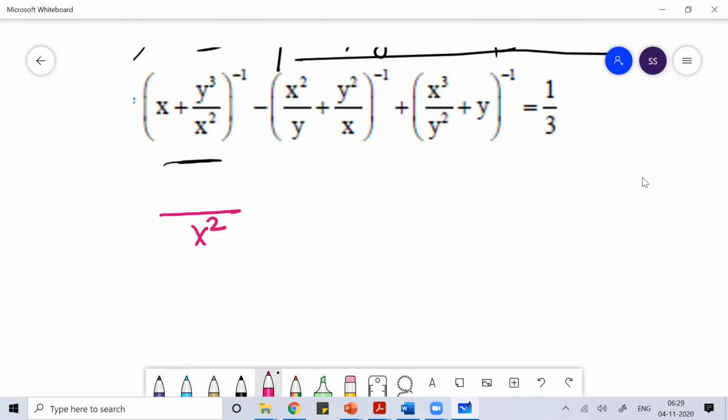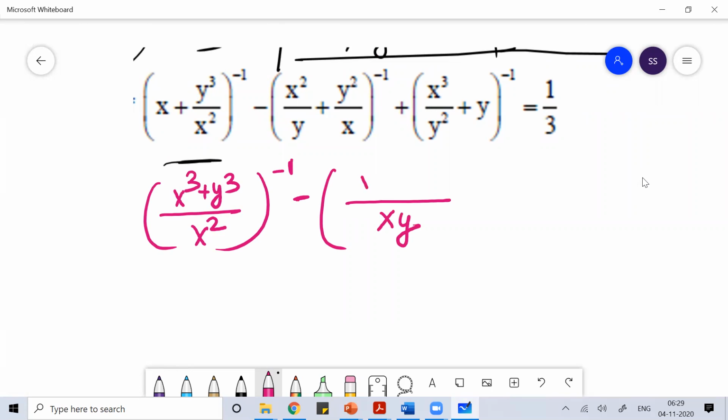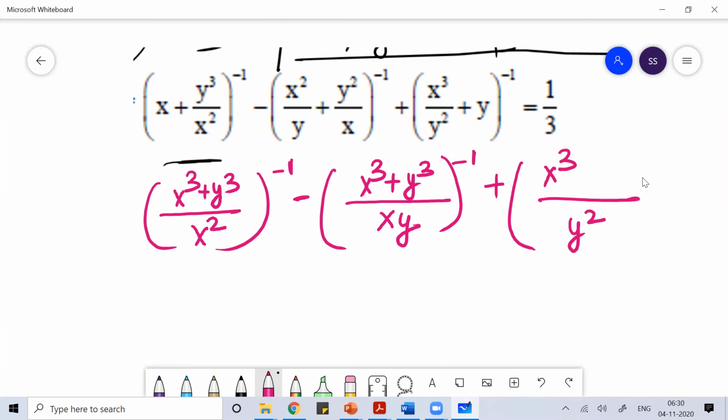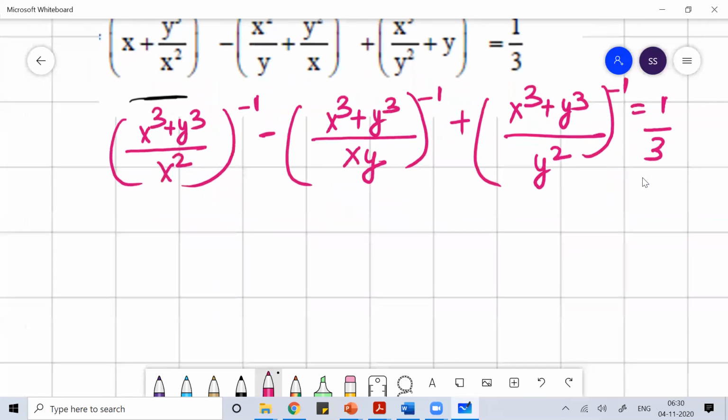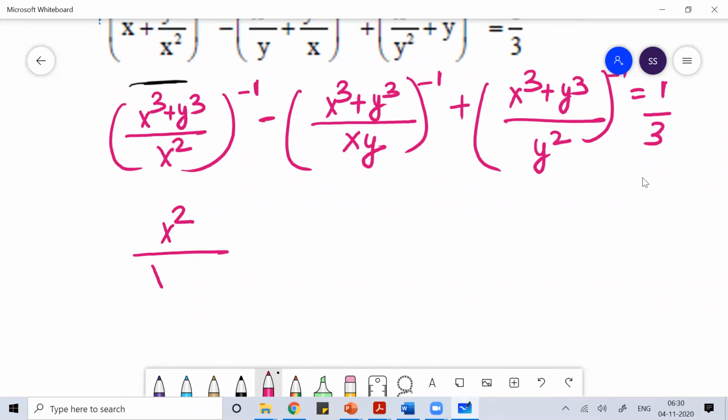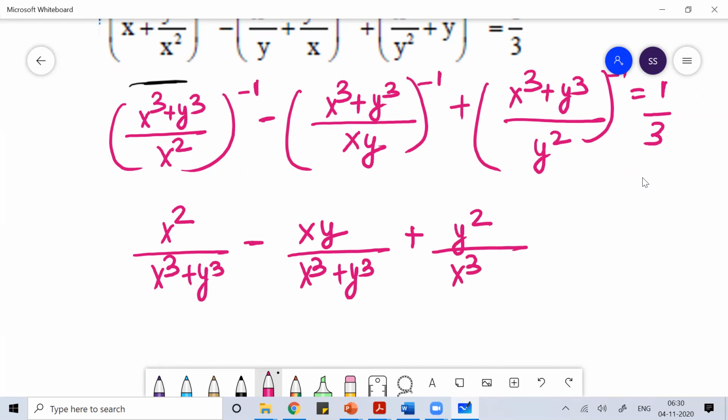If I take LCM x square, I'll get x cube plus y cube to the power minus 1, minus xy LCM gives x cube plus y cube to the power minus 1, plus y square LCM gives x cube plus y cube to the power minus 1, is equal to 1 by 3. So I can write this as x square by x cube plus y cube minus xy divided by x cube plus y cube plus y square divided by x cube plus y cube is equal to 1 by 3.